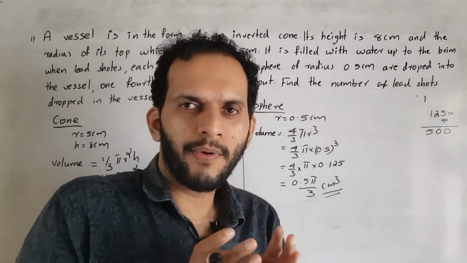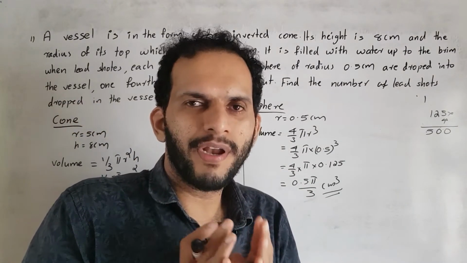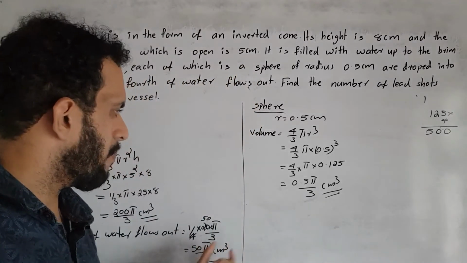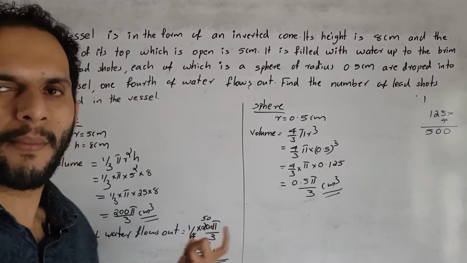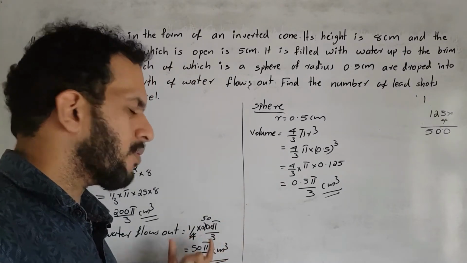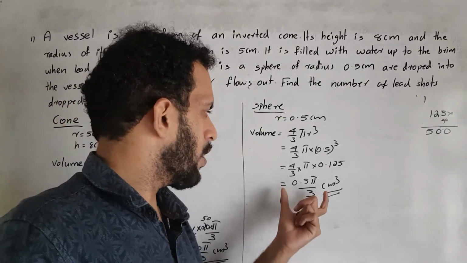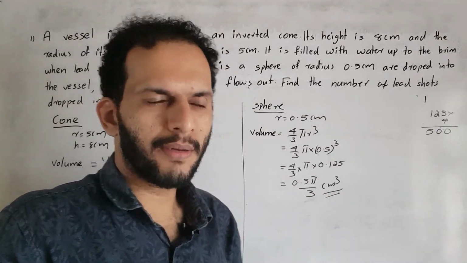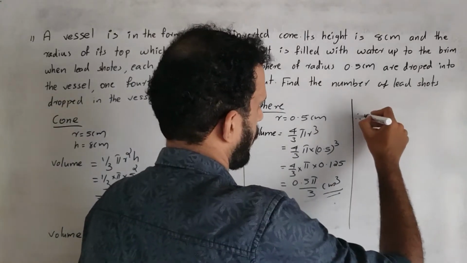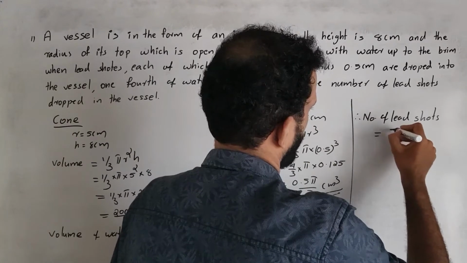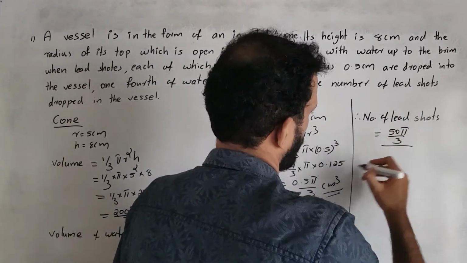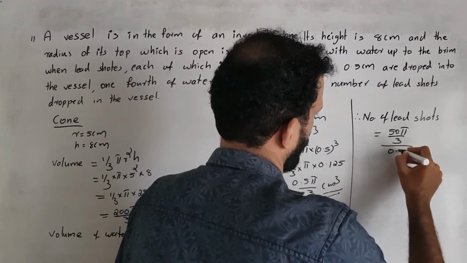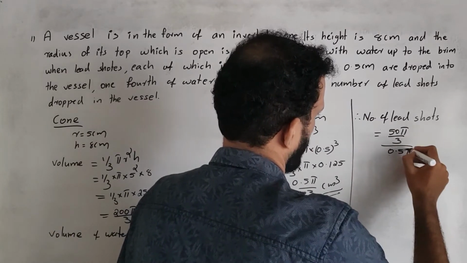How do we find the number of lead shot? We divide the larger volume, the volume of water that flows out, by the volume of one lead shot, correct? Therefore the number of lead shot is equal to 50 pi by 3 divided by 0.5 pi by 3.